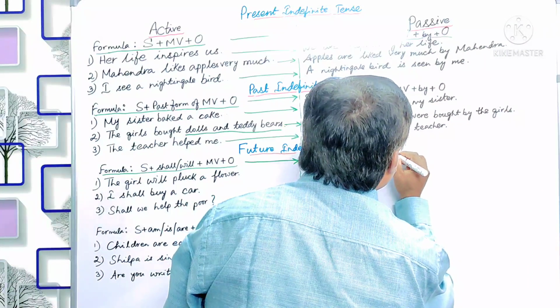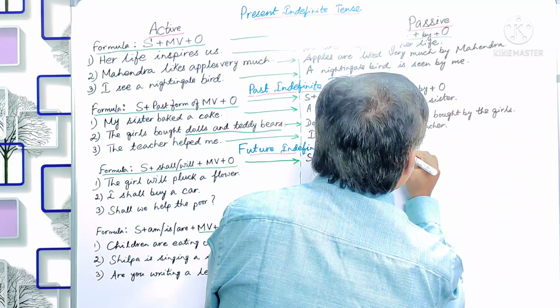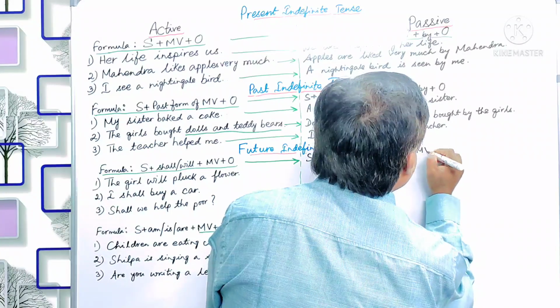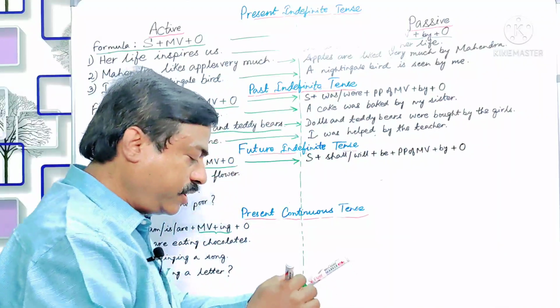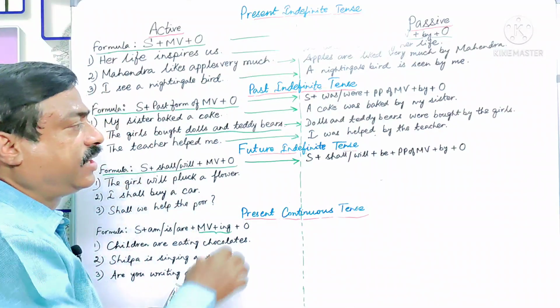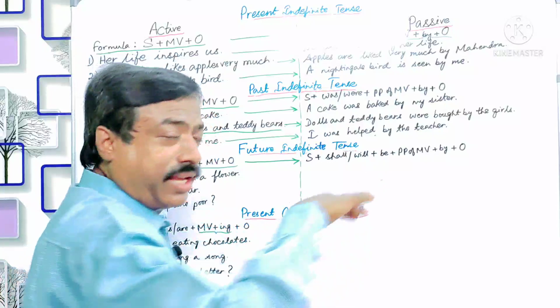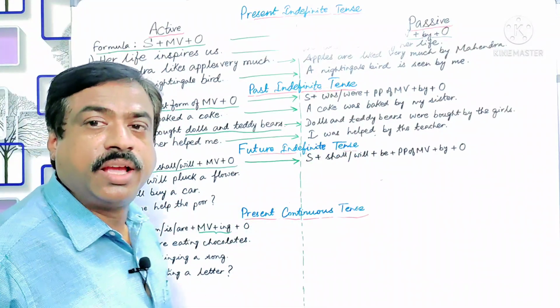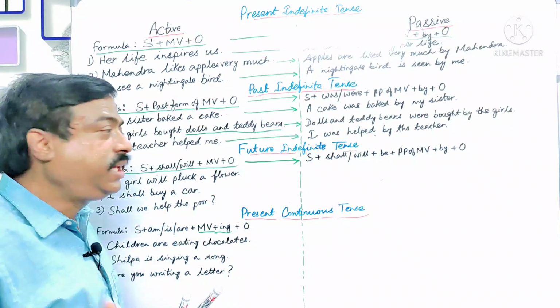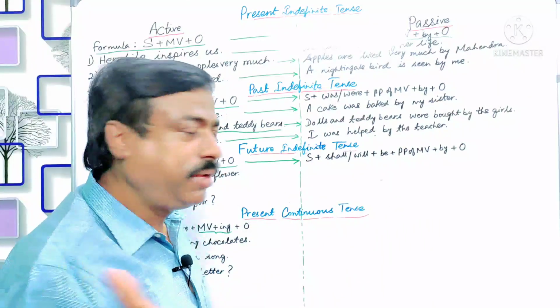We call it mandatory be. Plus past participle form of main verb plus by plus object. So this is the formula that takes place here in the passive voice in the future indefinite tense.